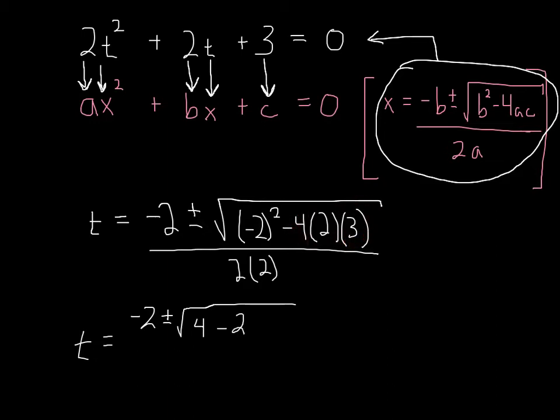So that's going to give me 4 minus 24, all divided by 2 times 2 is 4. So I can further keep simplifying this. I have my negative 2 still, plus or minus the square root of 4 minus 24 gives me negative 20, all over 4.